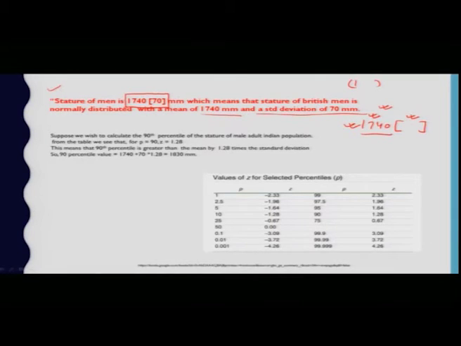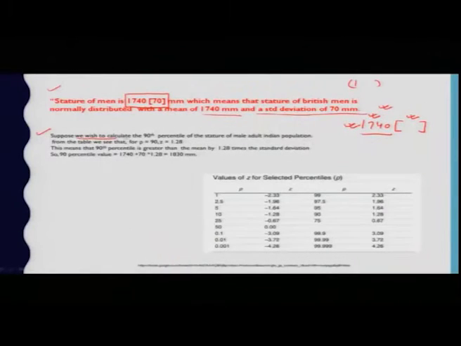Now we will take another example, so that a clearer understanding of the calculation of percentile can be developed. Suppose we wish to calculate the 90th percentile of the stature of the male adult Indian population.